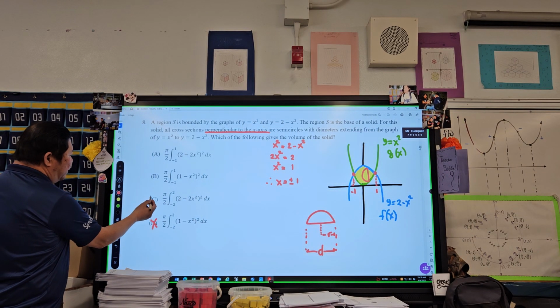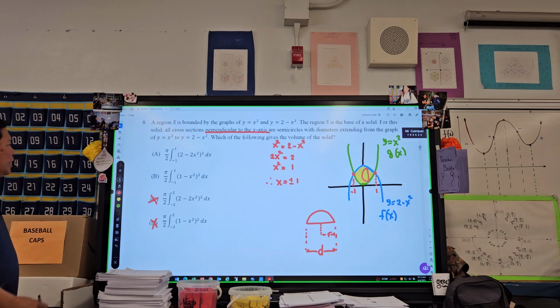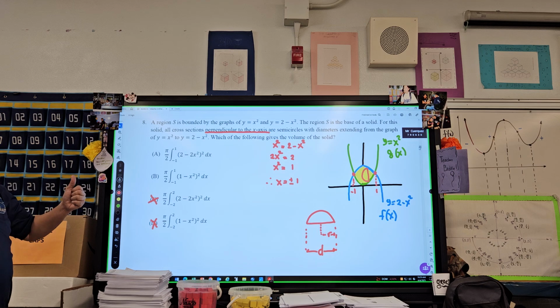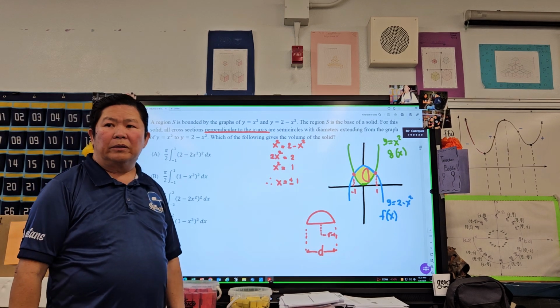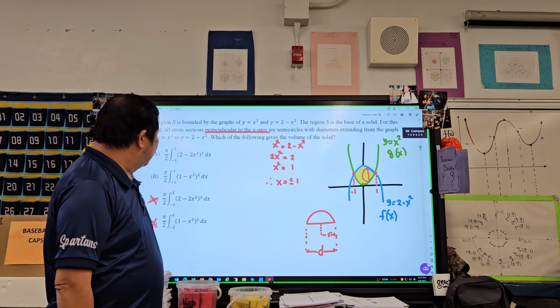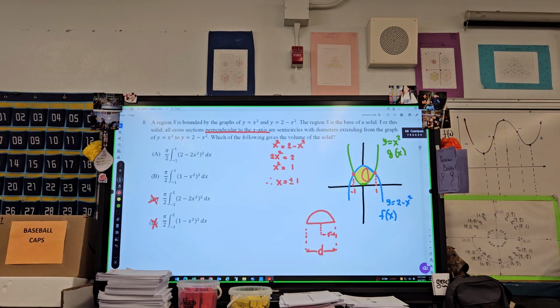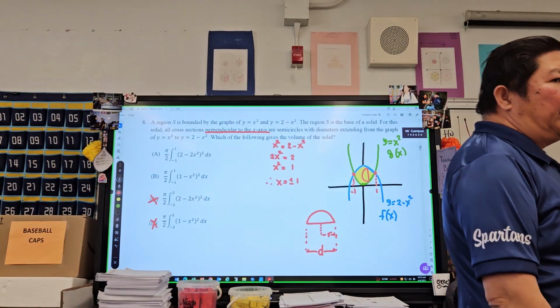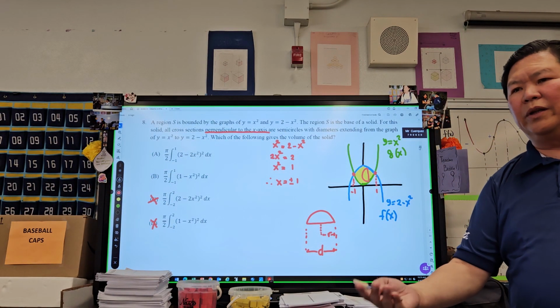Letter C. The possible candidates are options A and B, right? But we're gonna have to do it here. The upper curve minus the lower curve. Okay, can you continue first? Discuss with your partner. I'm giving you 2 minutes to discuss with your partner.